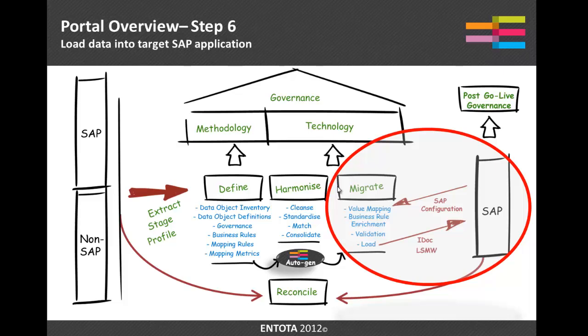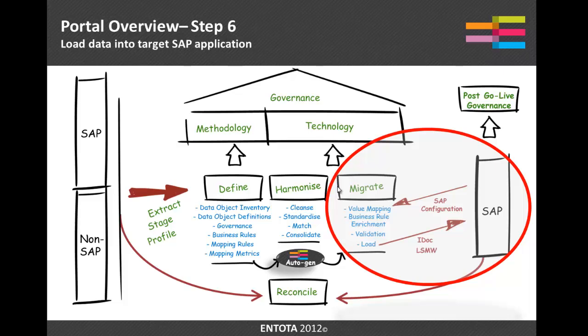So to step 6, as we're moving into now, we've gone through this process, we're running our data migration project for our relevant objects, we're then in the process of loading that data. And in this step, we have the ability, because of data services capabilities and integration capabilities with SAP as a target landscape, or as a source landscape for that matter, to pull data out from the SAP system to support our configuration data conversions that we're doing, but also to use standard mechanisms for loading the data into the SAP landscape, be that IDOC, be that into an existing LSMW or newly created LSMW project, using ISMW if you're in a utilities or banking sector, or even SLT with the new SAP landscape transformation technology for loading the data.